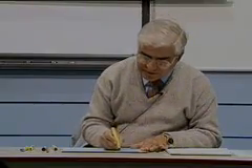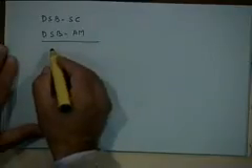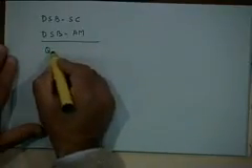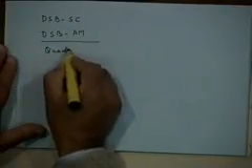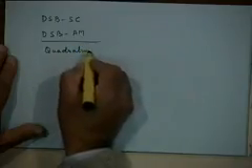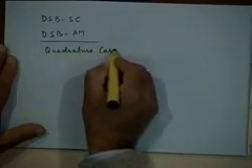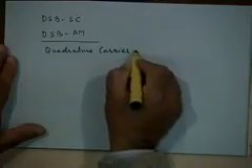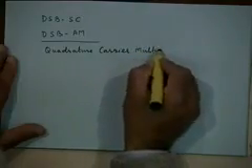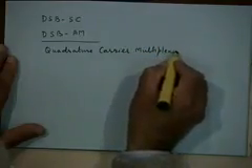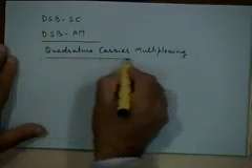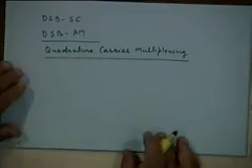So this is a very nice thing one can do, which is called quadrature carrier multiplexing. That is, you can put two signals on the same carrier, right?